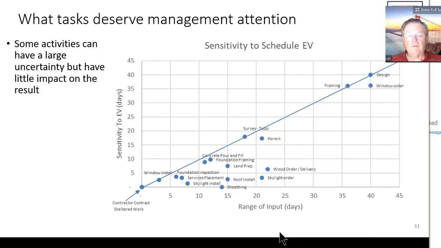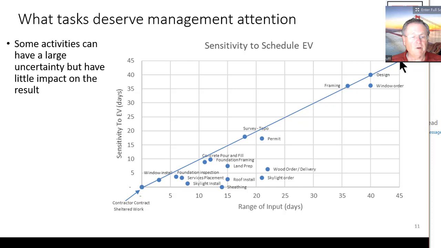So another way of thinking about this is what tasks deserve the management attention. And what we can do is plot a graph here of the range of the input days. So what's the difference between the P10 and the P90? And here's the sensitivity to the EV days. So things that are on this line, this is a 1-to-1 line.